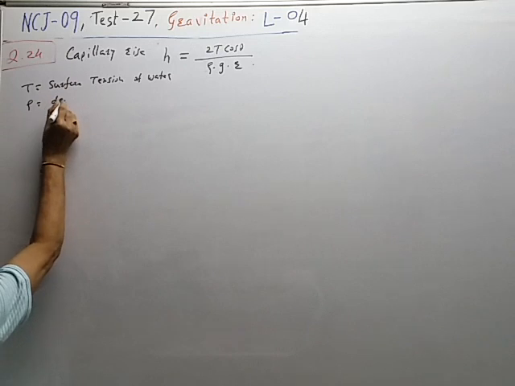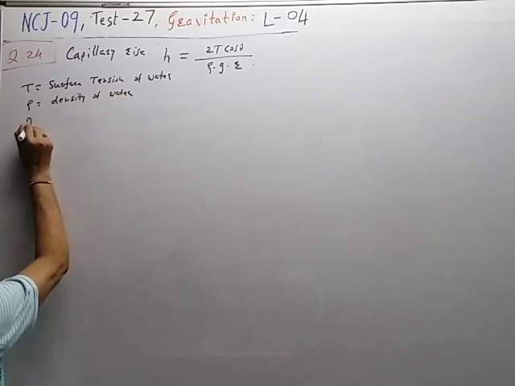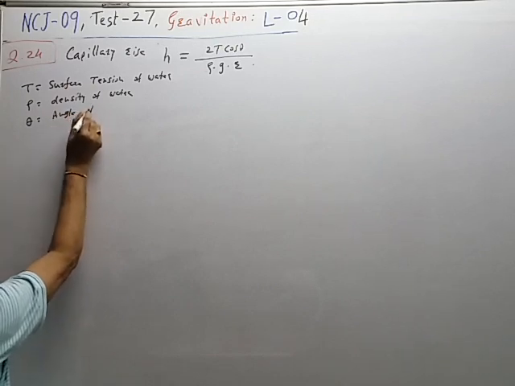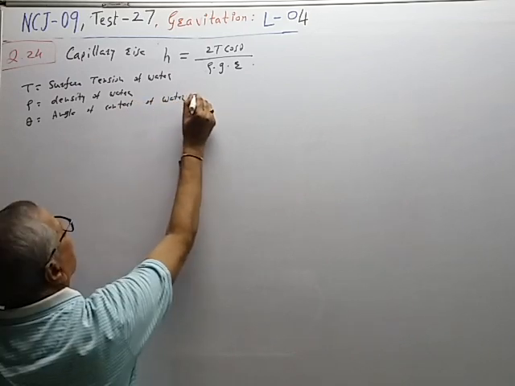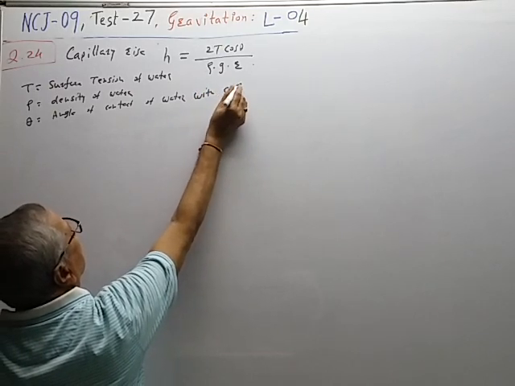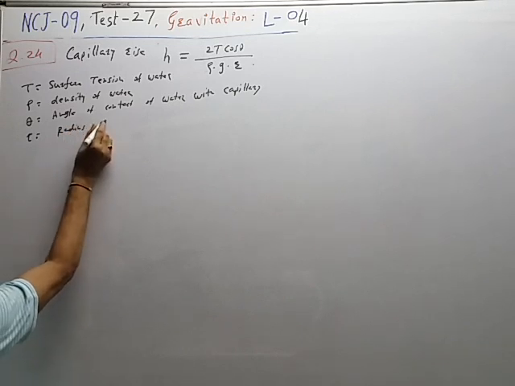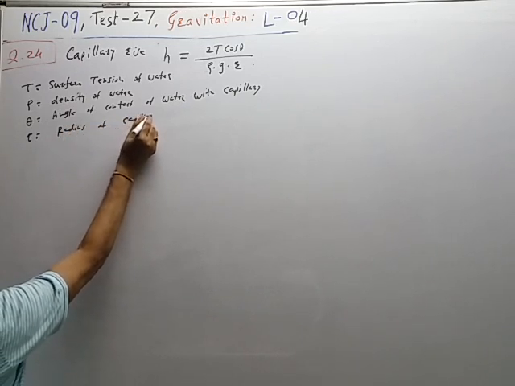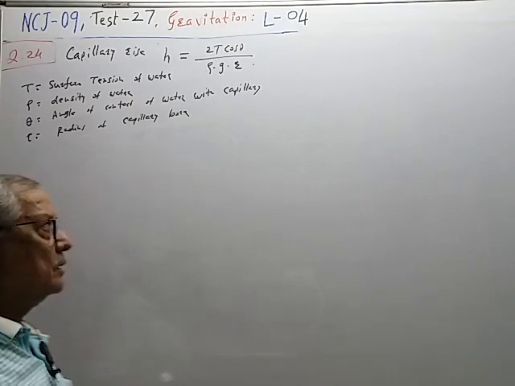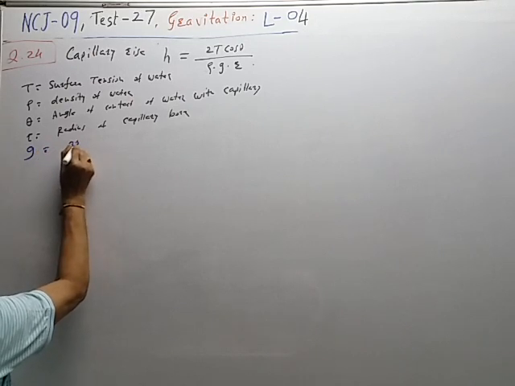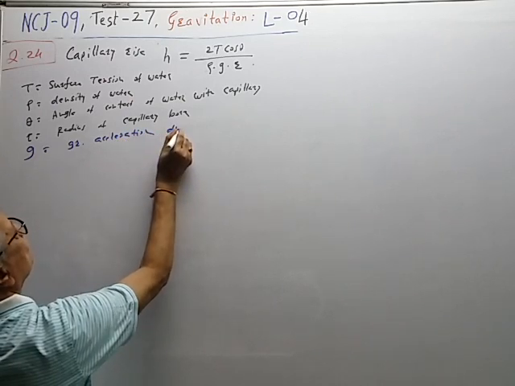Rho is the density of water, theta is the angle of contact of water with capillary, r is the radius of the capillary bore, and g is the gravitational acceleration due to Earth.